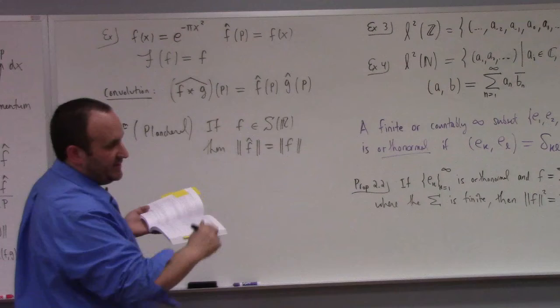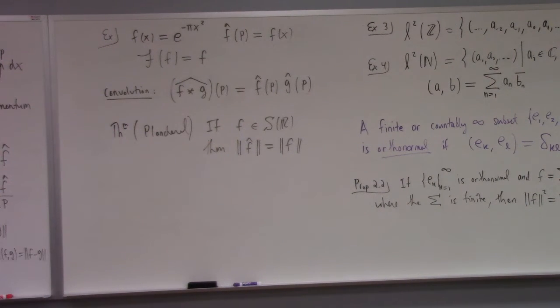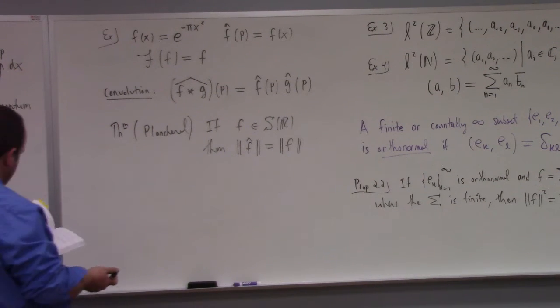We've already seen a close cousin to that in the statement about the orthonormal basis, in some sense. Now I'm being fuzzy. And finally, I leave you with this example.